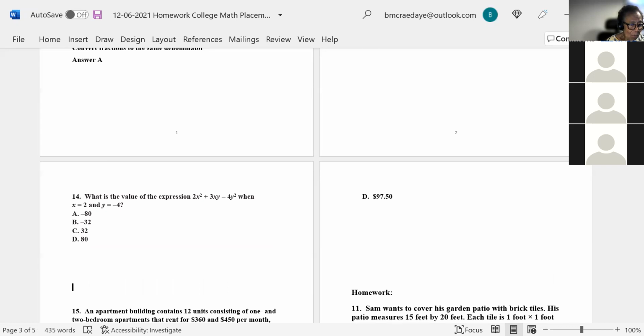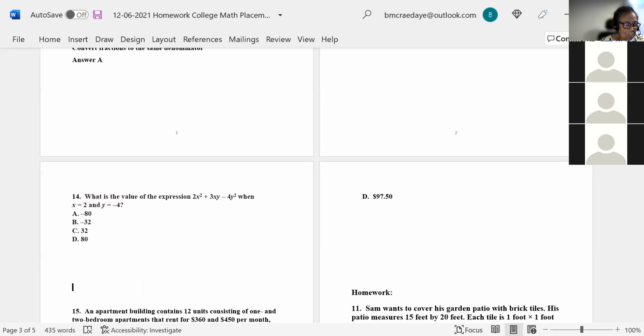That's y to the second power, okay? So repeat back what I just told you. 2x squared plus 3xy minus 4y squared.